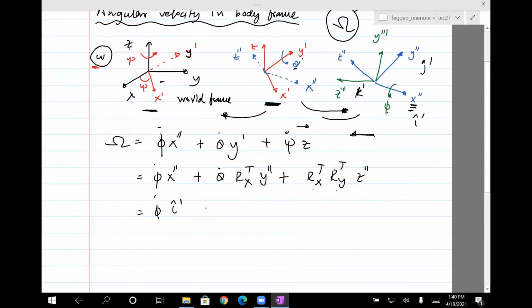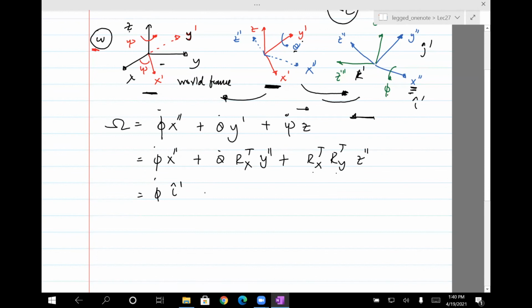Then this will be phi dot i prime plus theta dot Rx transpose j prime plus Rx transpose Ry transpose k prime.